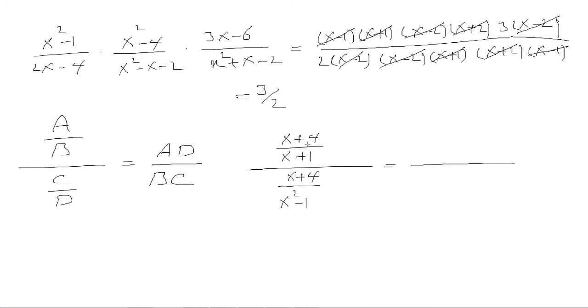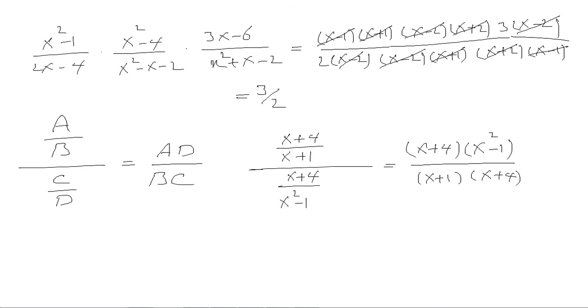So these two, you multiply them, x plus 4 and x squared minus 1. So the two polynomials that are farther away from each other, you multiply them and they go to the numerator. The ones that are closer to each other, you multiply them and they go to the denominator. So x plus 1 times x plus 4.